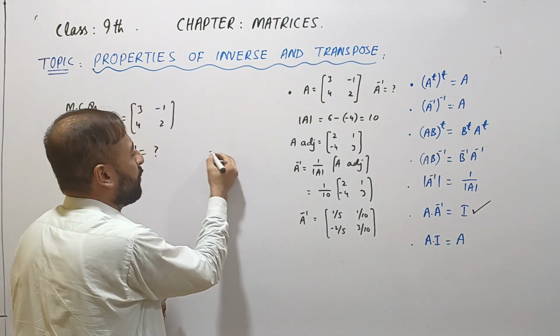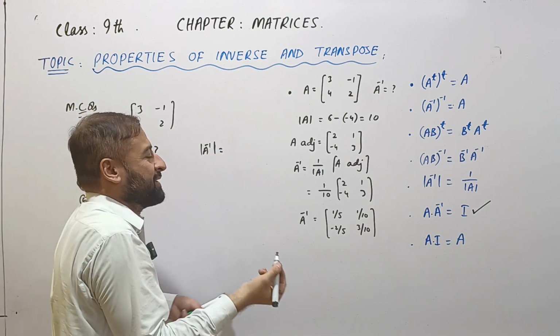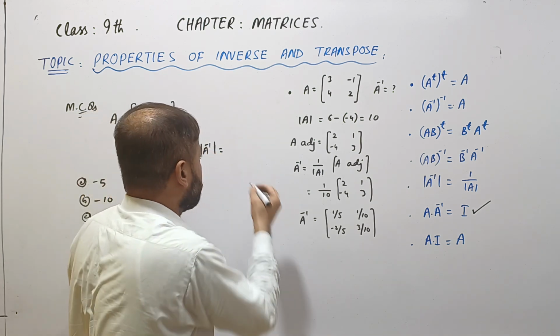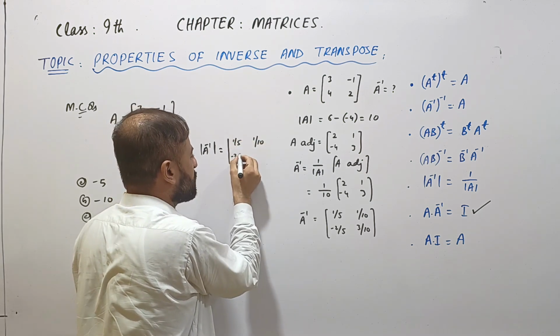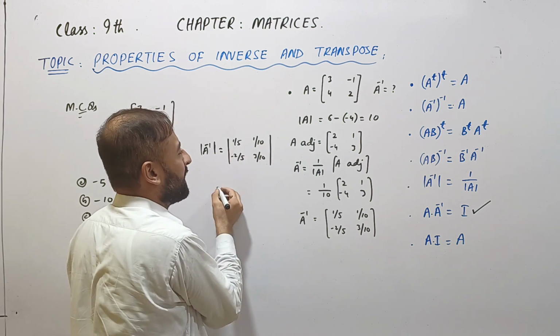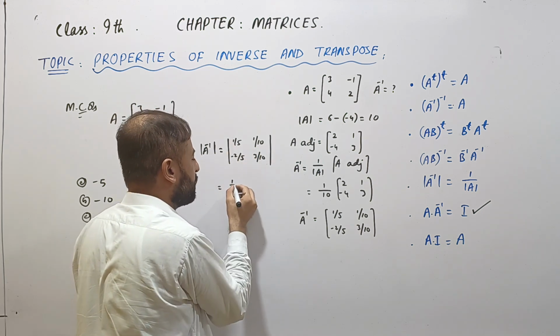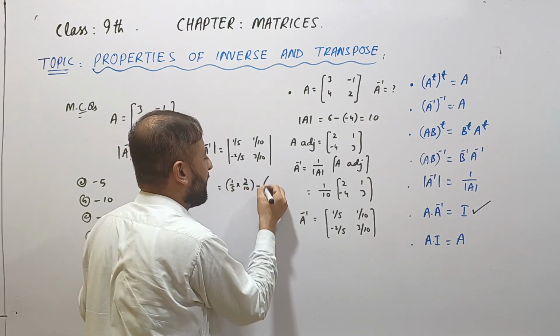Then he says, okay, what will be A inverse determinant? Because A inverse is just a matrix like A. 1 by 5, minus 2 by 5. Students, multiply them. Multiply these two. Minus multiply these two.